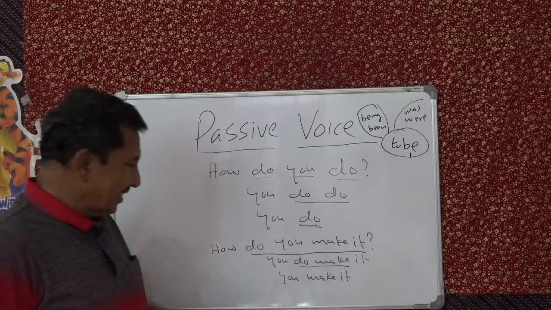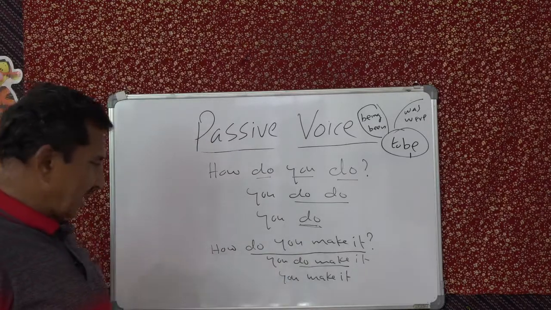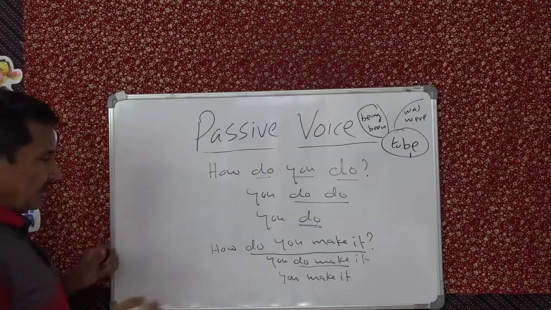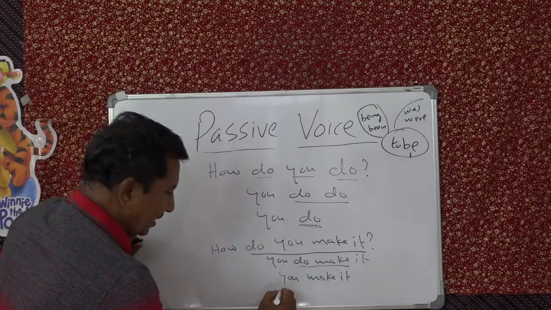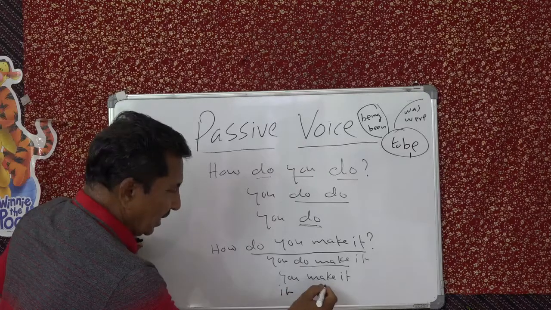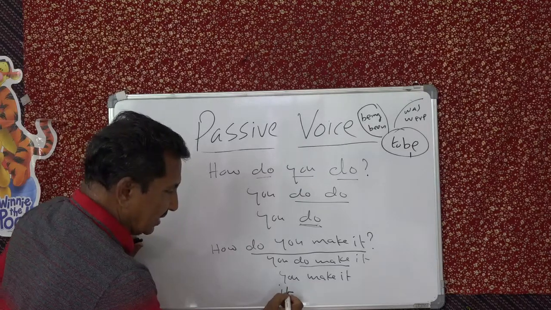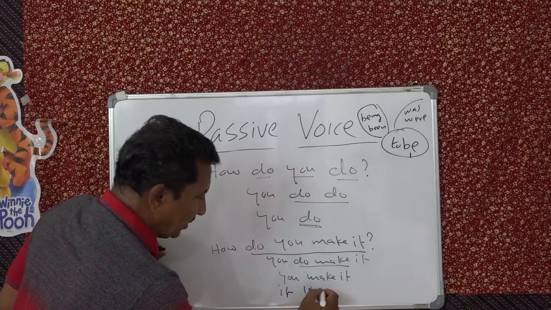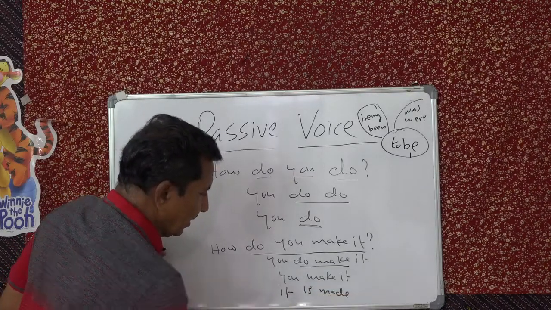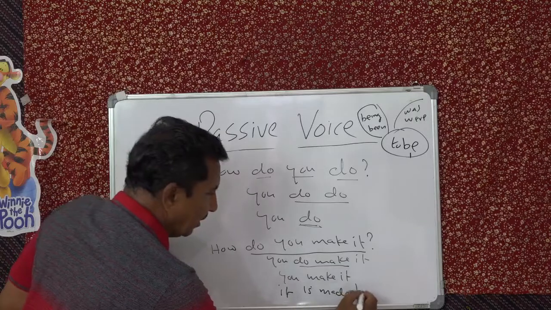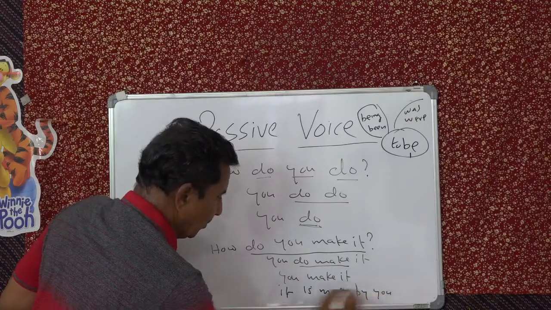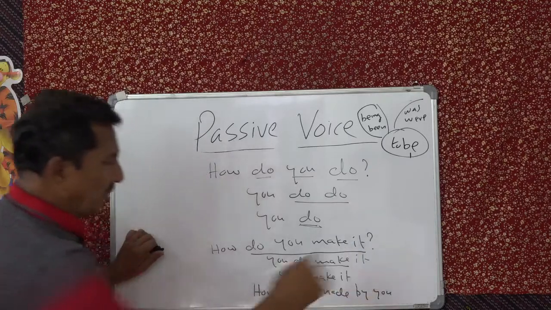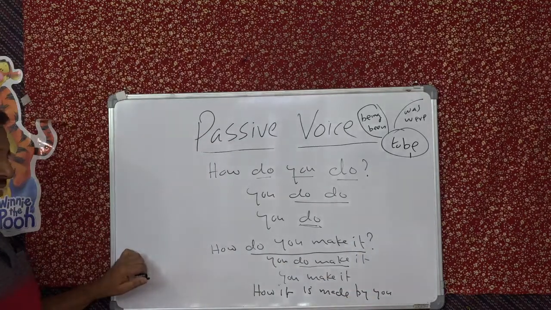And let's continue this. How do you make it? Then you make it. What is the passive? It, make. It is third person singular. So is, past participle made. Is made by you. How? How it is made by you. You don't say that in a question form.